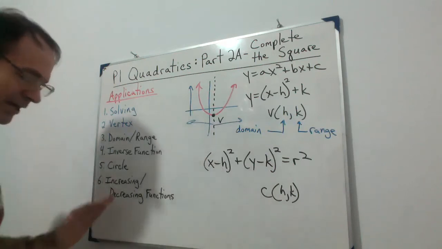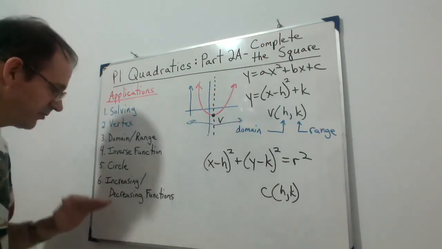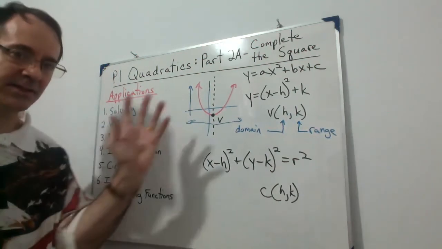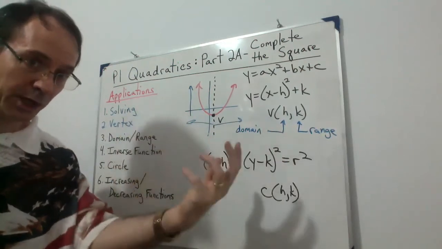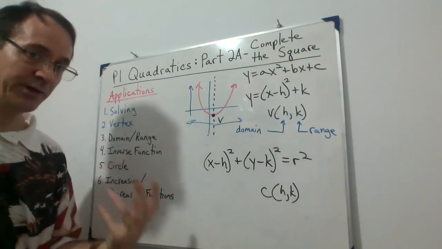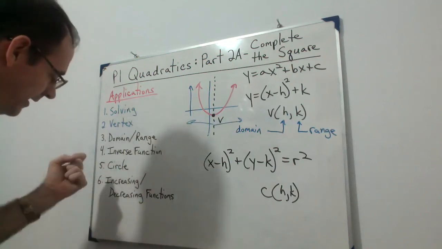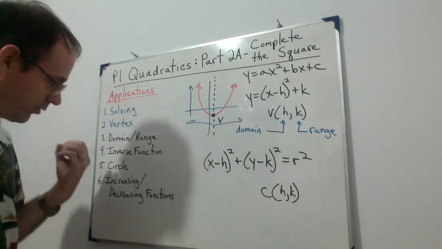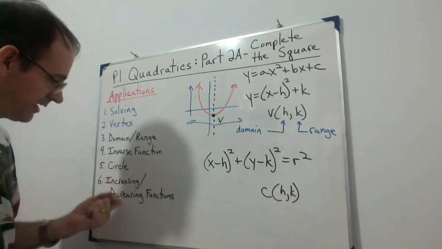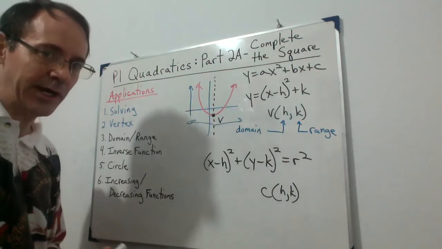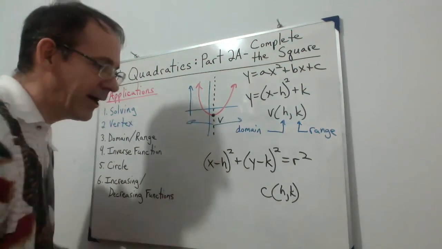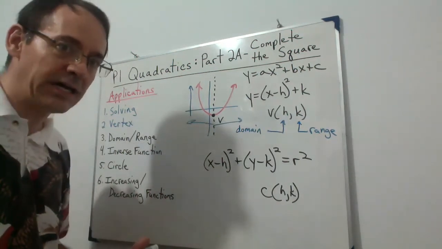Then lastly, I'm not going to really show you this. Increasing and decreasing functions is later on in the book, when we get to derivatives. And in order to determine whether something is increasing or decreasing, we use the perfect square. Why? Because a square always ends up being positive.